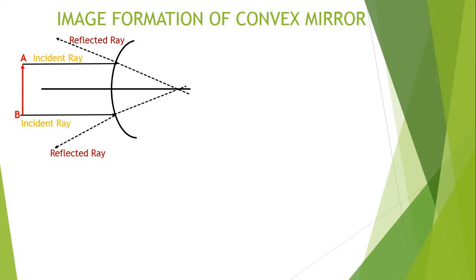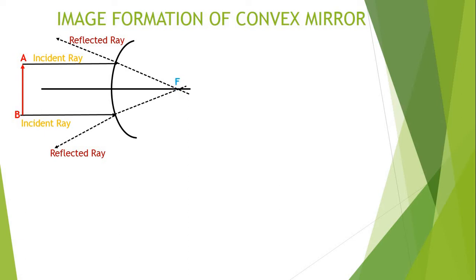At the back side of the mirror, these reflected rays will intersect each other at some point. The point where the reflected rays intersect will be the position of the image, and that point is nothing but the focus.